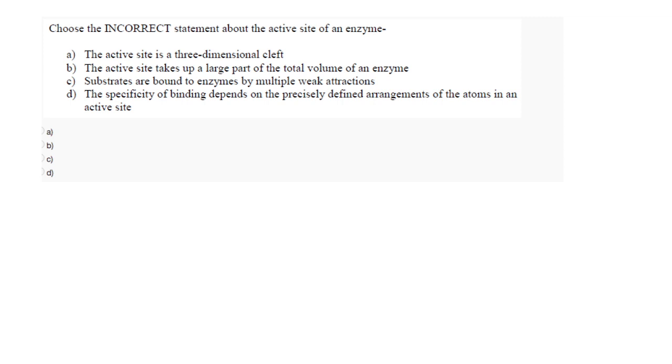Another question we have: choose the incorrect statement about the active site of an enzyme. The active site is a three-dimensional cleft. The active site takes up a large part of the total volume of the enzyme. Substrates are bound to the enzyme by multiple weak interactions.